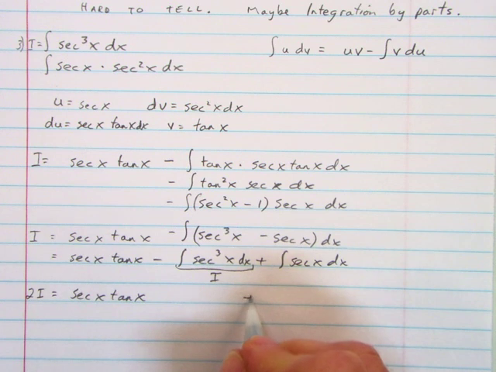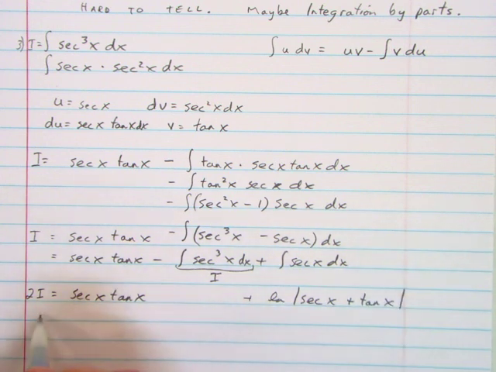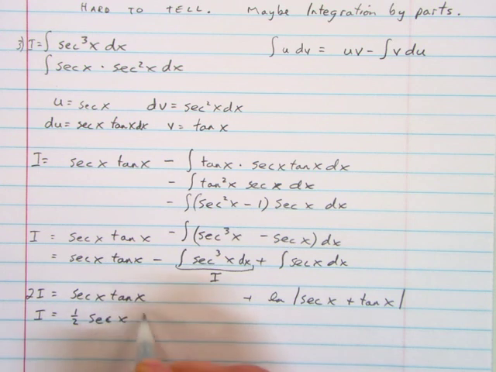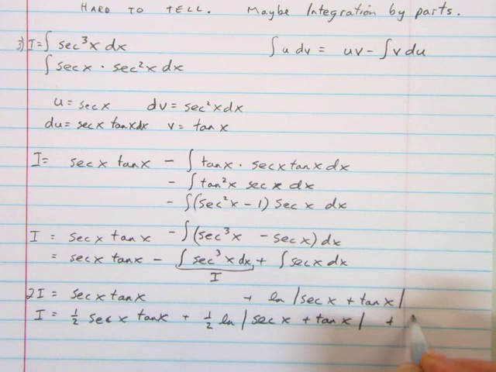That one is the ln of the absolute value of secant x plus tangent x. Divide by 2, so we get I equals 1/2 secant x tangent x plus 1/2 the ln of the absolute value of secant x plus tangent x, and then write plus c.